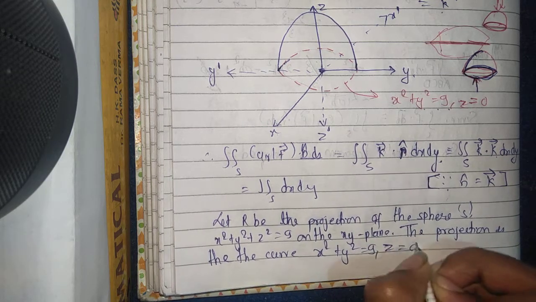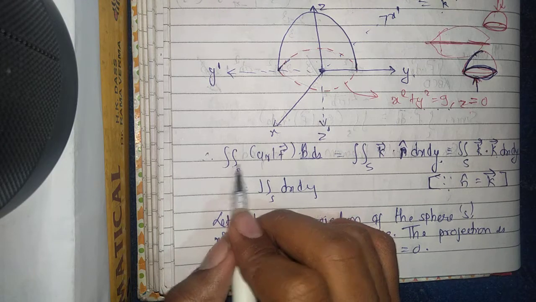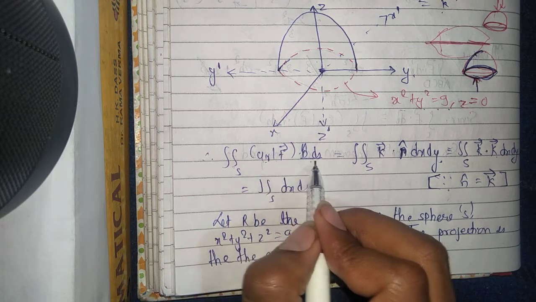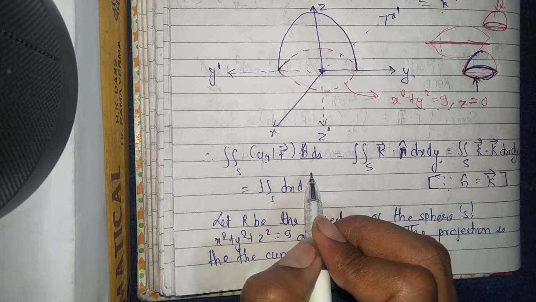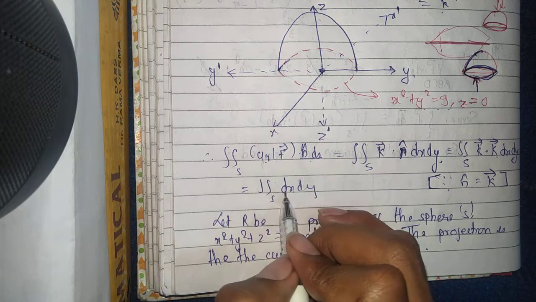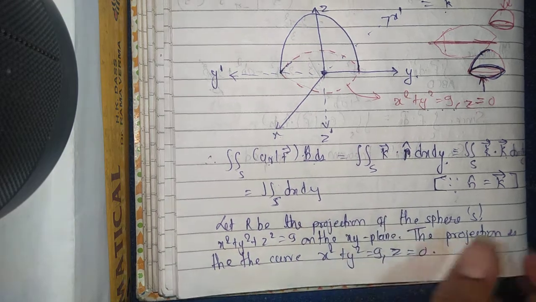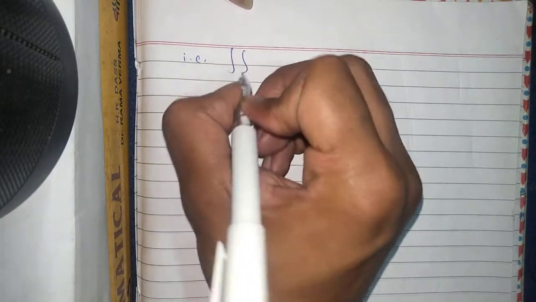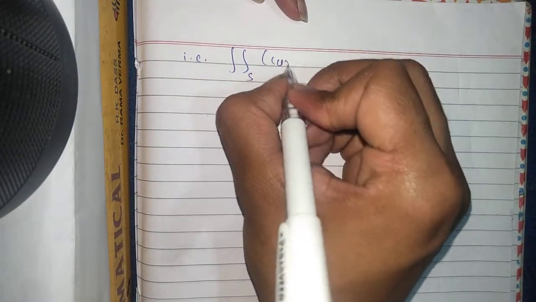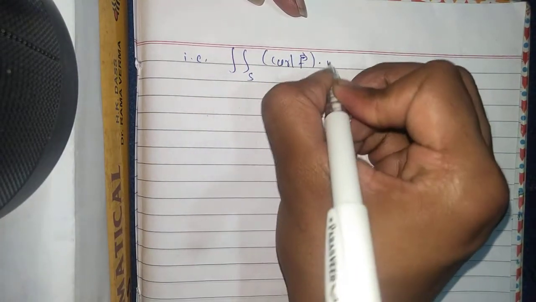Now let us find the surface integral of curl f vector dot n cap ds, which is given by the surface integral dx dy, n cap ds.